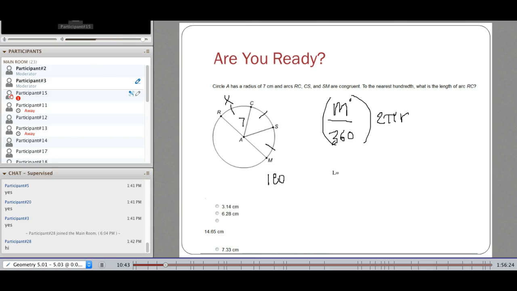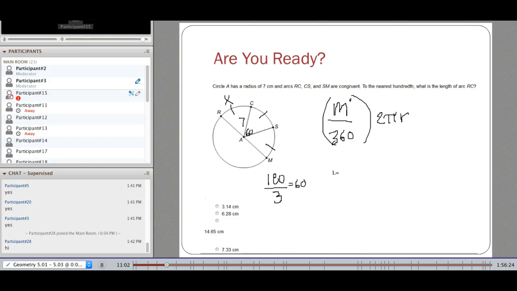So I took that and I divided that by 3 because I had three other arcs, and that got me 60. So the measure of the angle was 60.